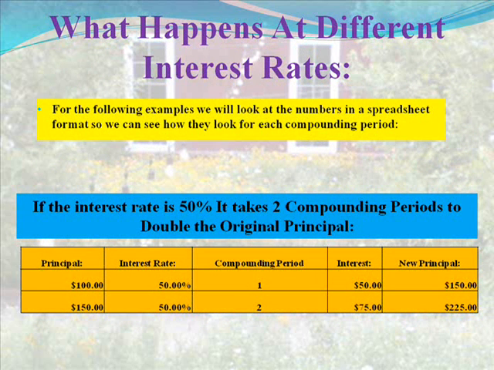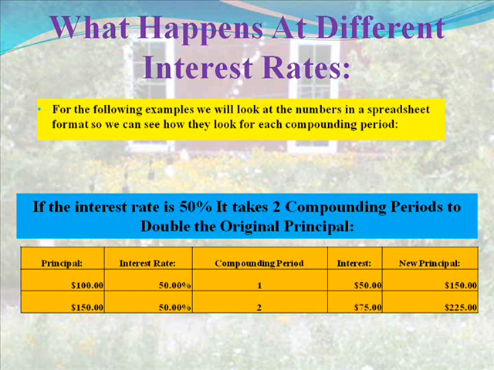What happens at different interest rates? For the following examples, we will look at the numbers in a spreadsheet format so we can see how they look for each compounding period. If the interest rate is 50%, it takes 2 compounding periods to double the original principal. See in the first column, principal, we start with $100 and the interest rate is 50%. Moving across, the compounding period, of course, this is our first compounding period.